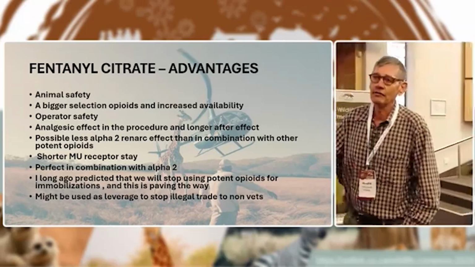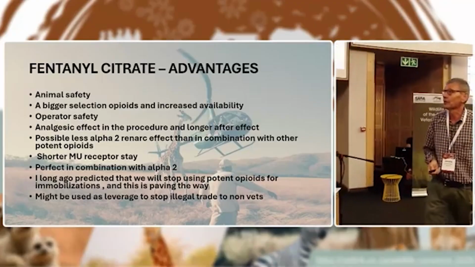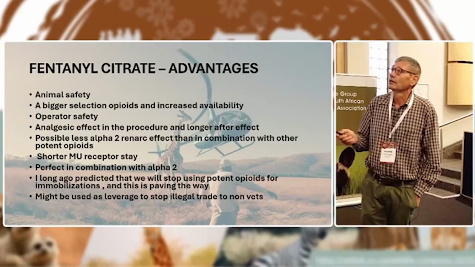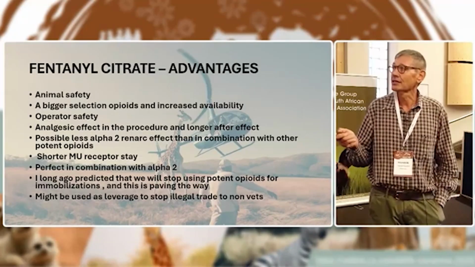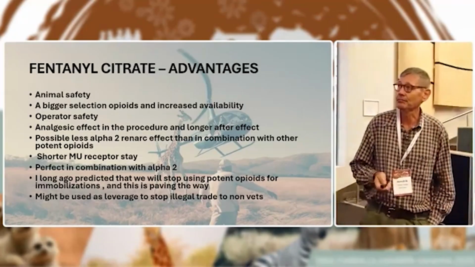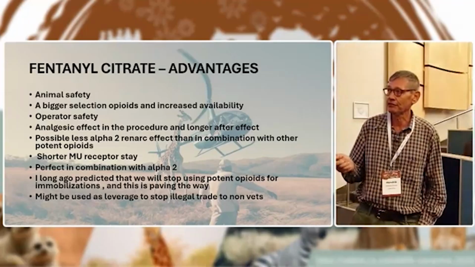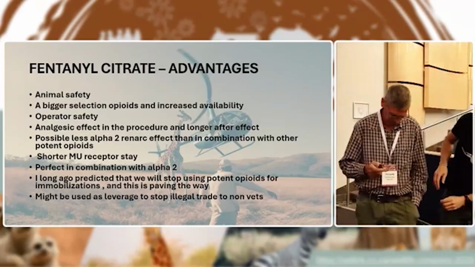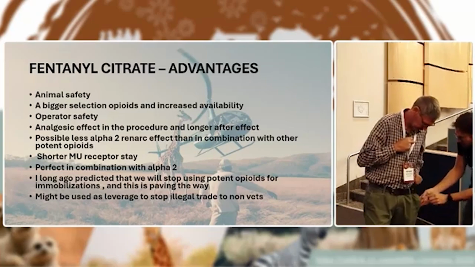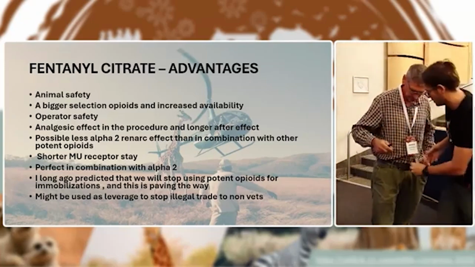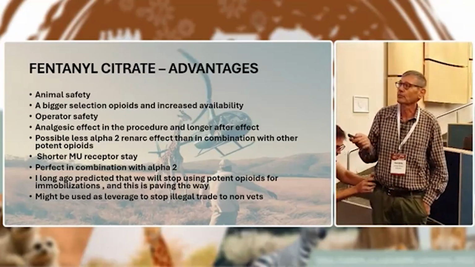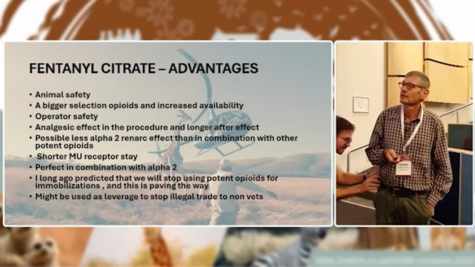Advantages of fentanyl, why fentanyl and why not your more potent opioid? I'll get to that in one of my next slides. It's definitely got that shorter mu receptor stage, and it's got a perfect combination with the alpha-2s.